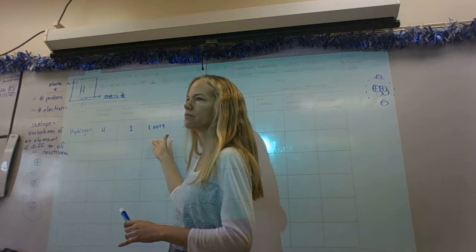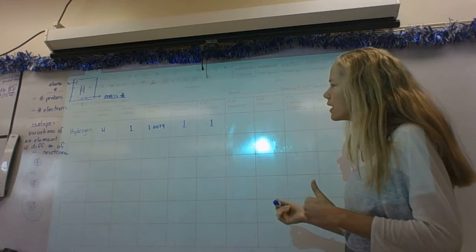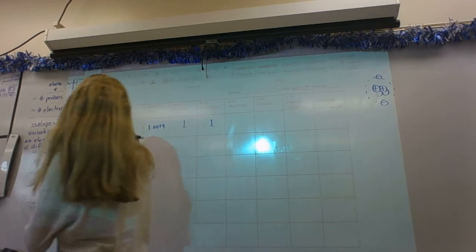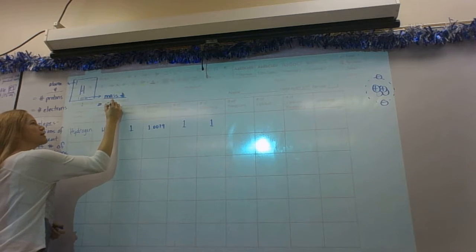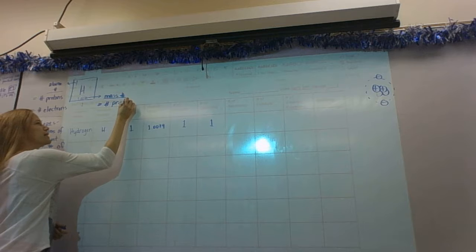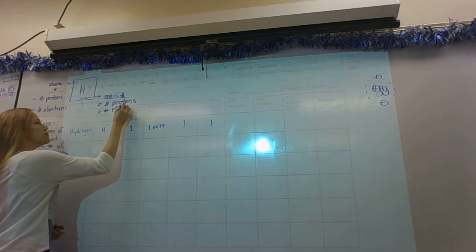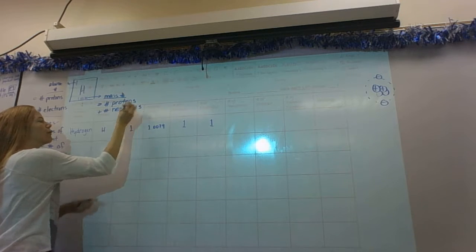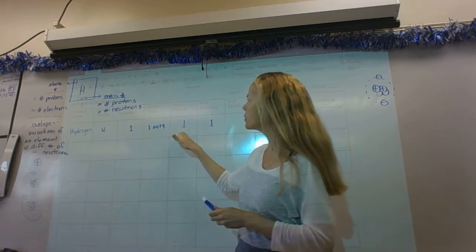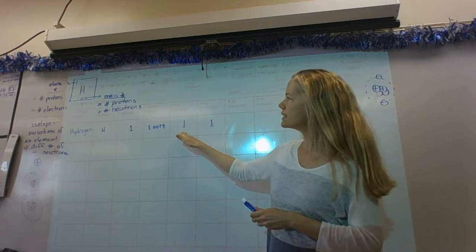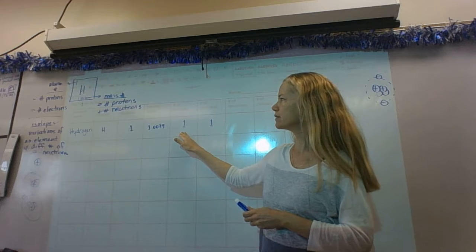Now, moving on, if we know that the mass number is equal to the number of protons plus the number of what? Neutrons. And we already know that hydrogen has one proton, then that means its number of neutrons is going to be 0, right?